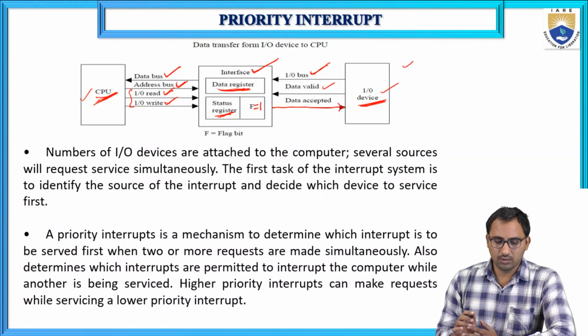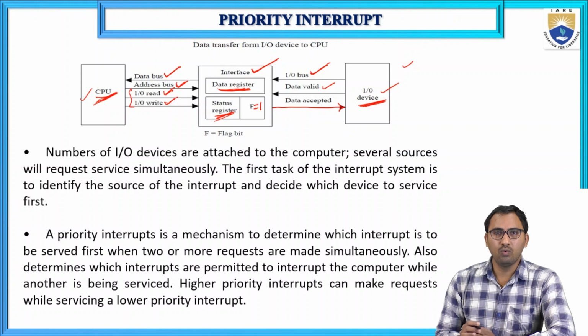So the CPU has to spend more time checking this status register or flag bit. That means a considerable amount of the CPU's time is wasted here. Okay, so this is a drawback in programmed I/O data transfer.